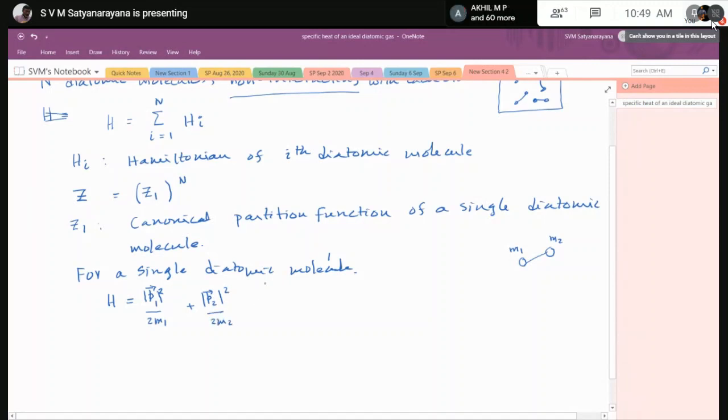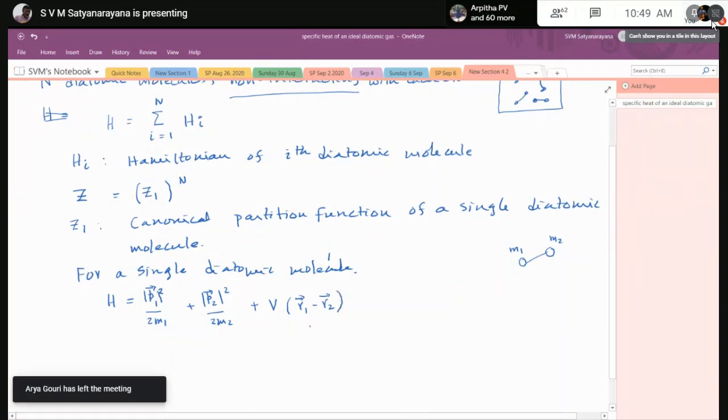And is there anything else? I think the interaction between m1 and m2. So there can be some interaction, and that interaction will depend upon r1 minus r2, because that is the separation.